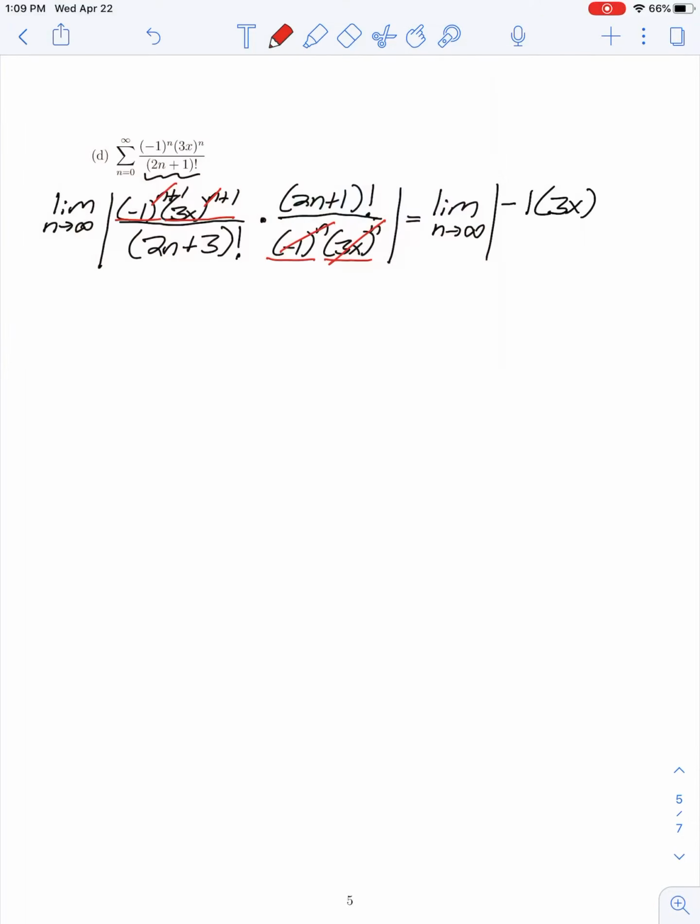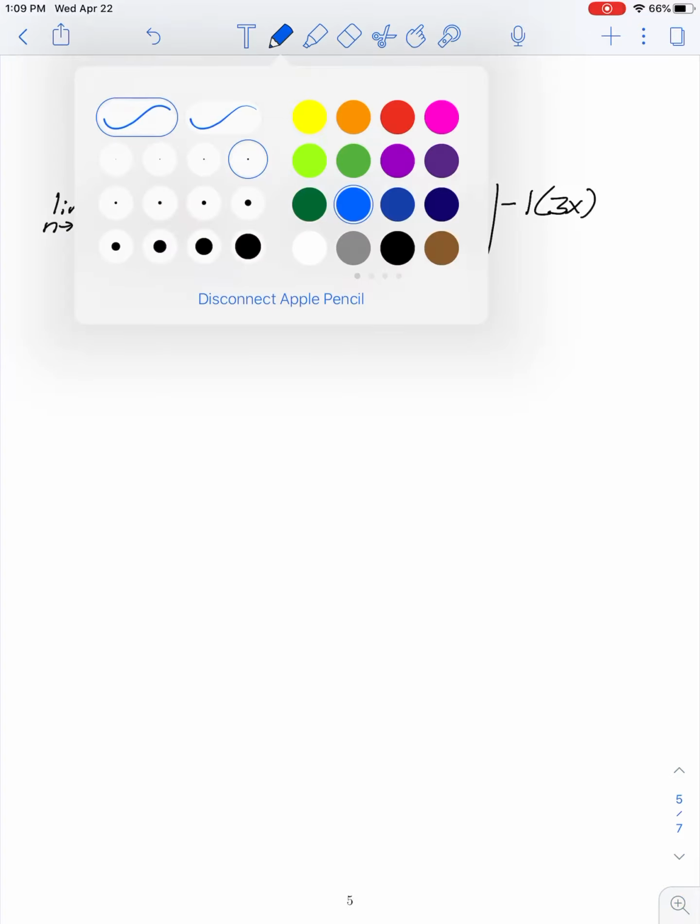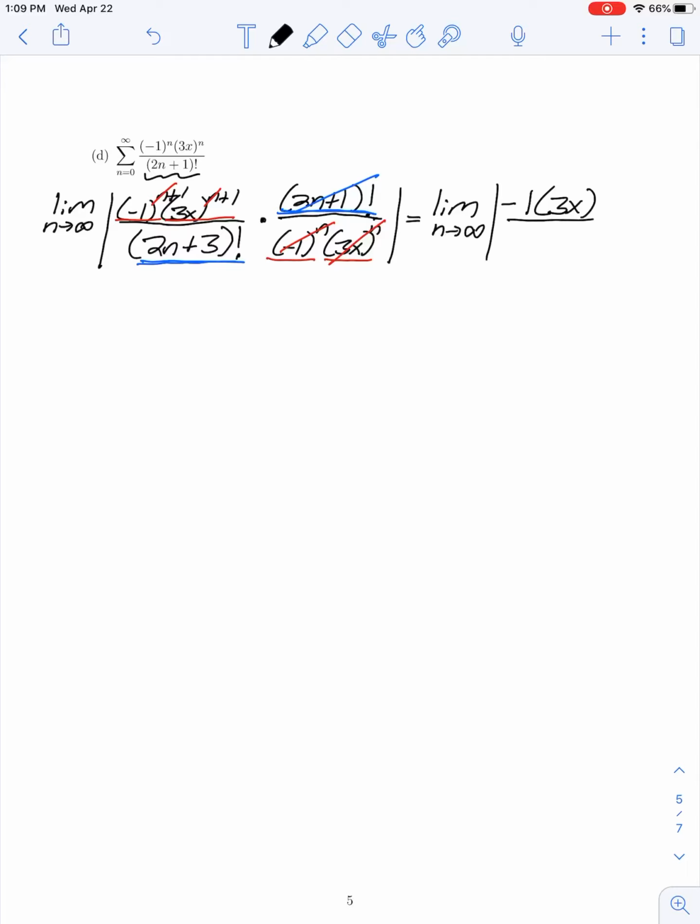And then lastly, looking at these factorial terms, we have a 2n plus 1 factorial divided by 2n plus 3 factorial. So the 2n plus 1 product down to 1 will cancel with all of the terms from the 2n plus 3 factorial, except for the terms which didn't appear, which would be 2n plus 3 and 2n plus 2.